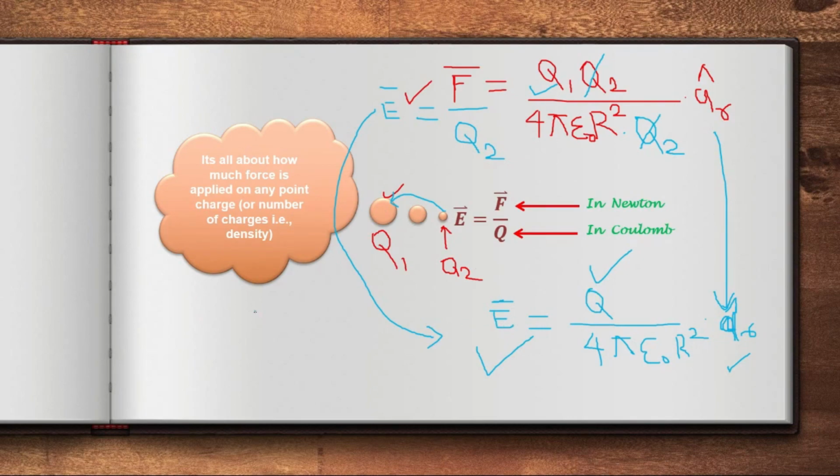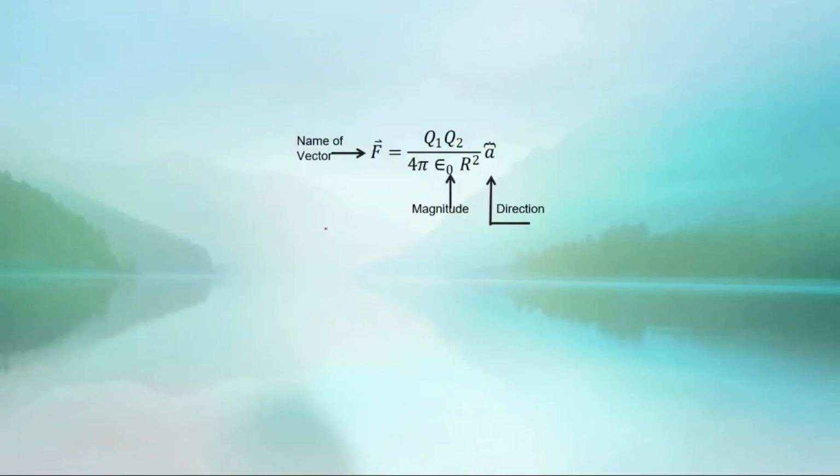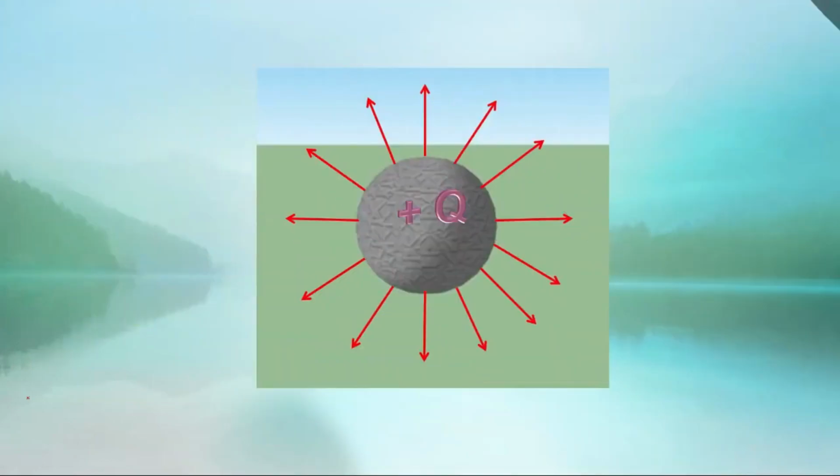If we have more charges, it will be considered as charge density, which we will also discuss. Here we can see the formula for force has two parts: one is magnitude and the other is direction. From this force formula, we have just seen how to derive electric field intensity.